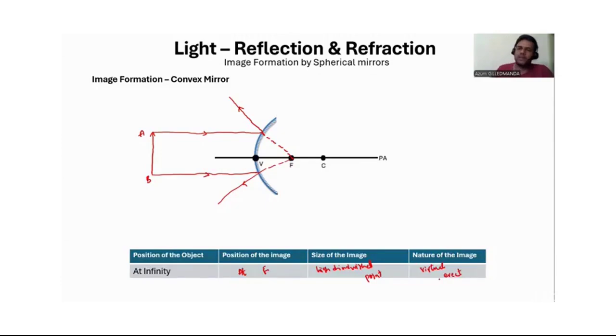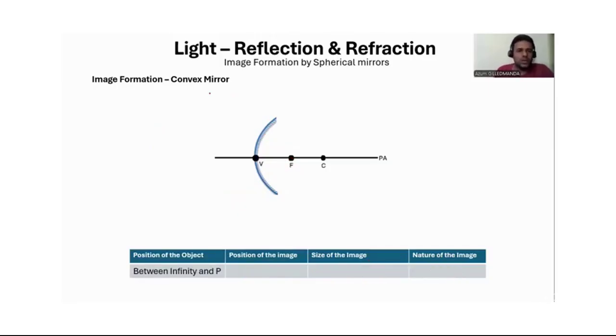We will see in the next scenario what type of image it is, but it is basically an erect image. Okay, guys. So it's a highly diminished, point-sized image and it is behind the mirror, so it is virtual. If it is on the same side of the mirror, then it is a real image. So in the convex mirror, the first scenario, where the object is at infinity, you get the image at F, and that is a virtual image, highly diminished or point-sized. All right, guys. So let's move to the next scenario.